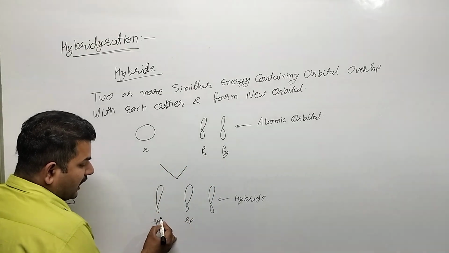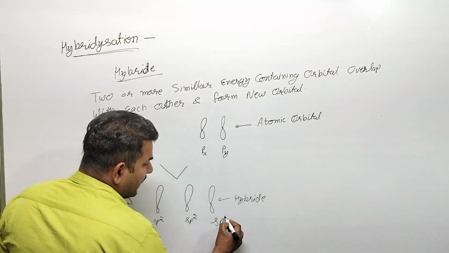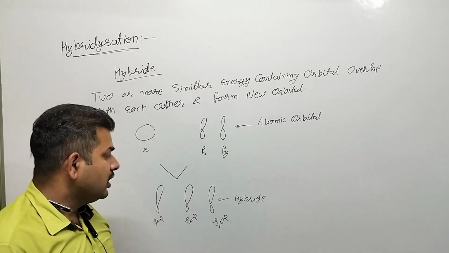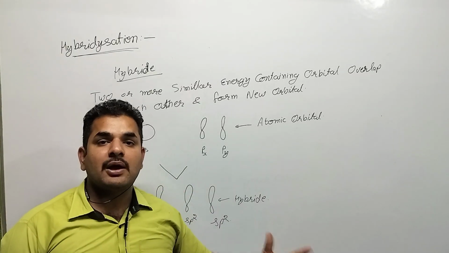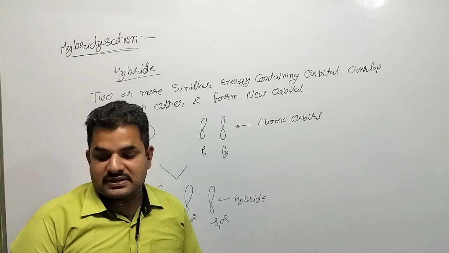So these are sp2 hybrid orbitals. And this process or phenomenon is called hybridization.